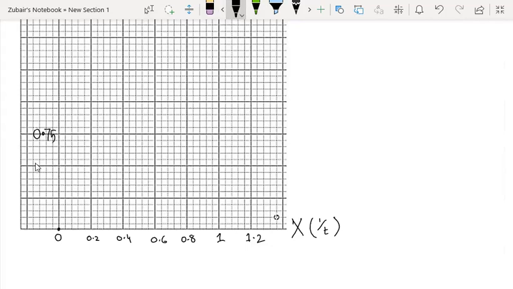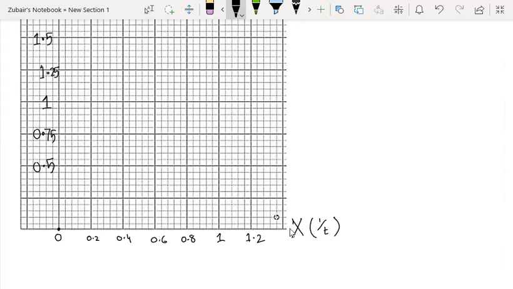So this is 0.5 and this is 0.75. So this should be 1 and this should be 1.25, and this is 1.5. So that is enough.